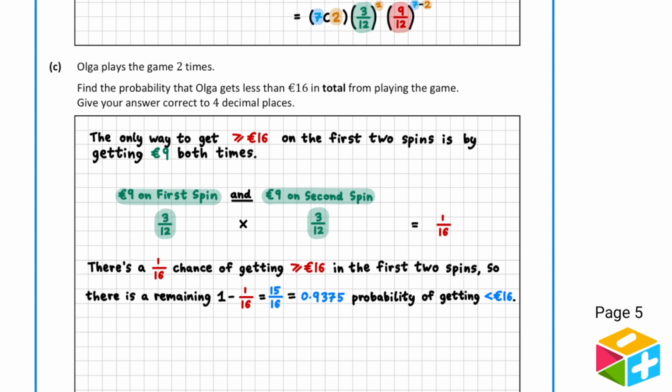To find the probability that we get less than €16, we simply have to subtract this number from 1. This gives us 1 minus 1 over 16, which is 15 over 16. Written as a decimal with 4 decimal places, this comes out as 0.9375.